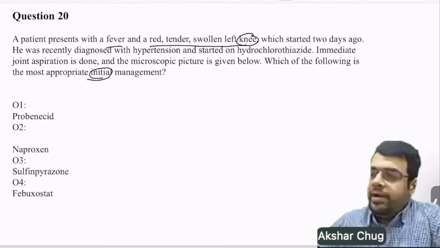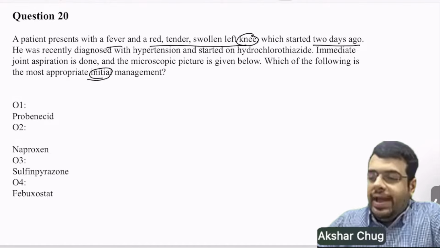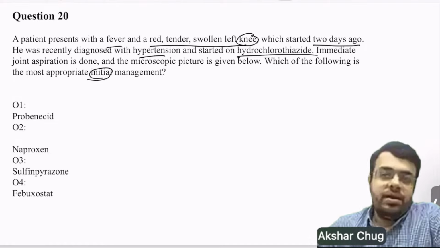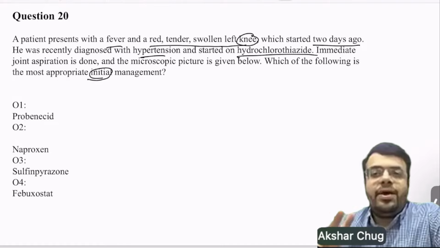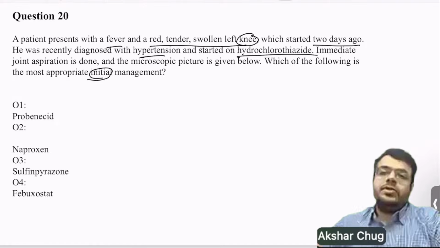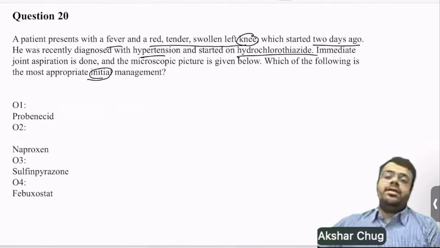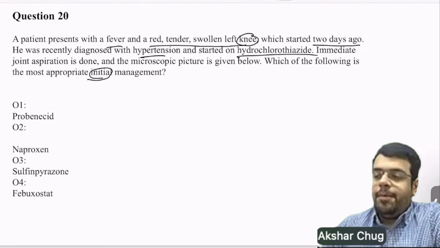Let's read further. Symptoms started 2 days ago. He was recently diagnosed with hypertension and started on chlorothiazide. Again, chlorothiazide is a risk factor for gout as it increases the uric acid level. Also, chlorothiazide will increase lipid levels like triglycerides and LDL. There is a similar question coming up about chlorothiazide side effects on the lipid profile that we will see in the upcoming slides.